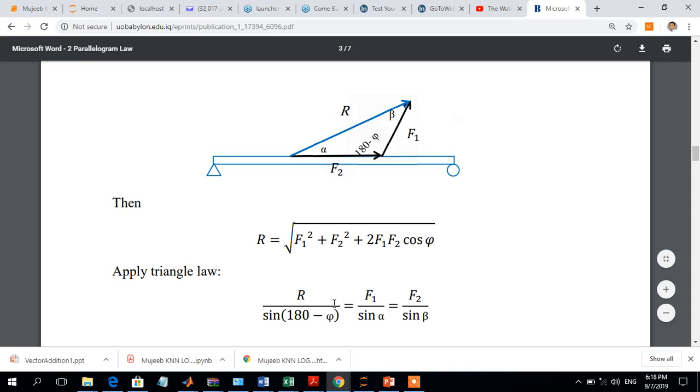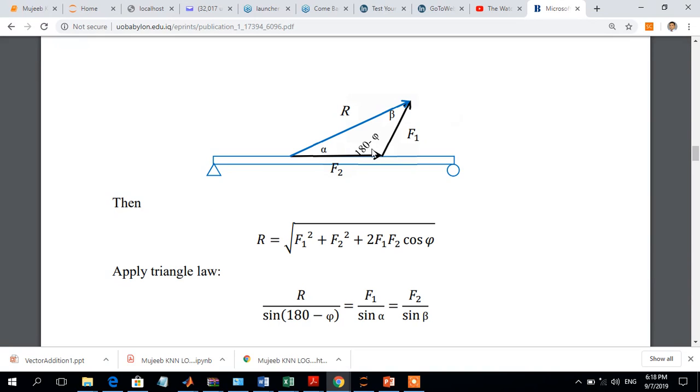This relation links each side with the sine of the angle facing that side. So the first equation is: R divided by sine of 180 minus phi is equal to F1 divided by the opposite angle, sine alpha.